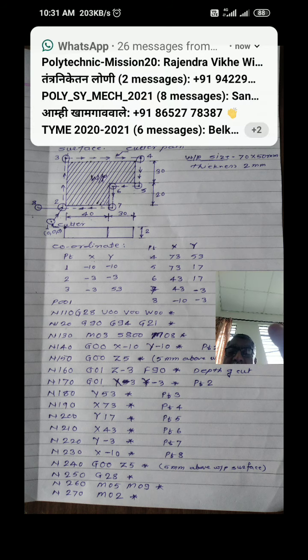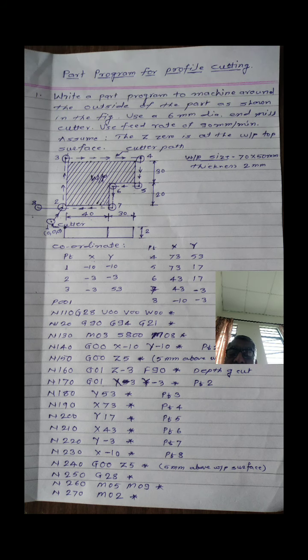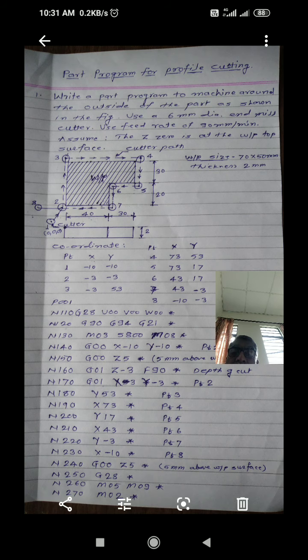First you have to retract it with rapid traverse in block number N240, G00, Z5, end of the block. Means your tool will reach its initial position, that is 5 mm above the workpiece surface. Then you can easily remove the job from the work holding device.